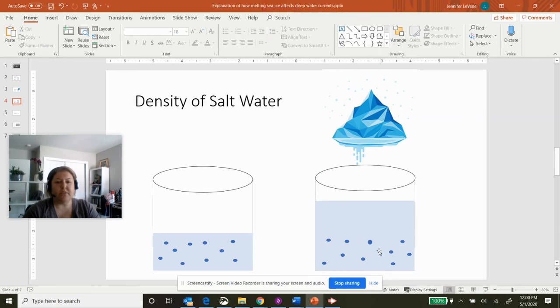That object has gone from being compact to more loose, which means the density is lowered again. So by the icebergs melting, you're adding more fresh water and lowering the density of the water. So what does this mean with the currents?